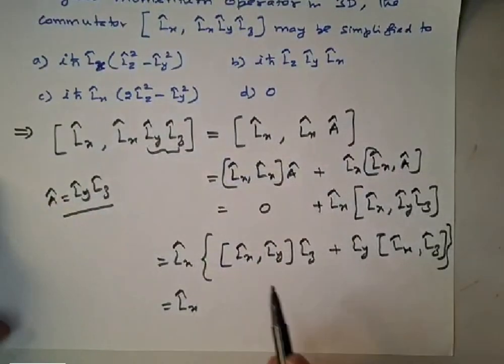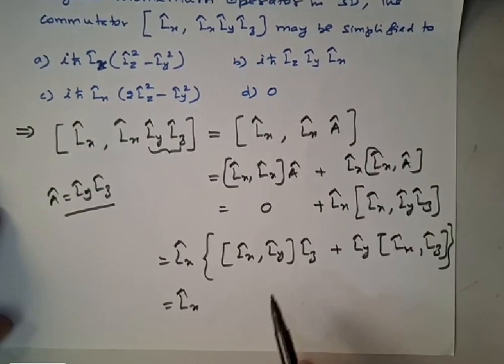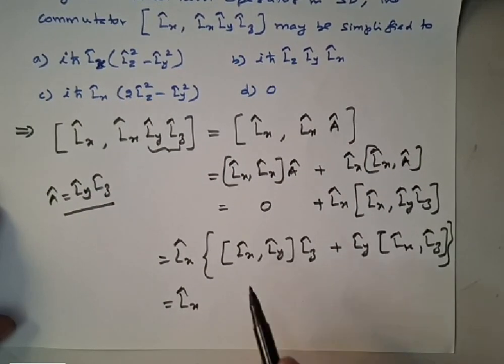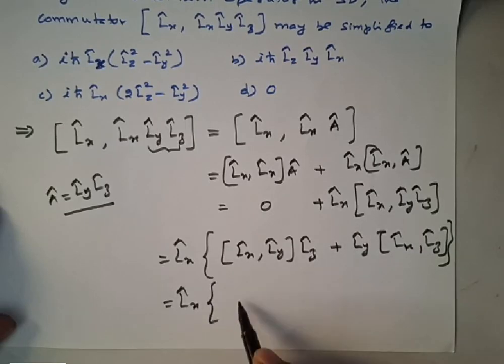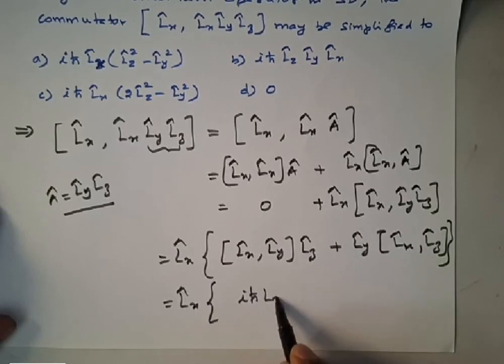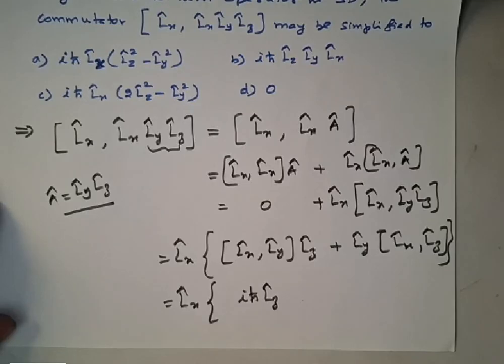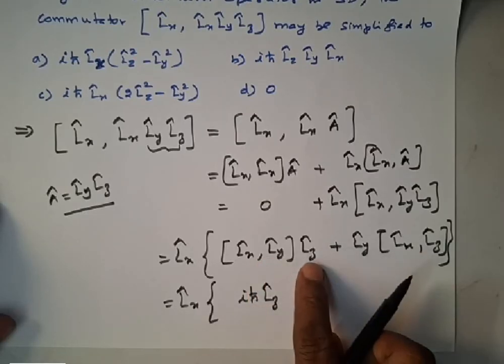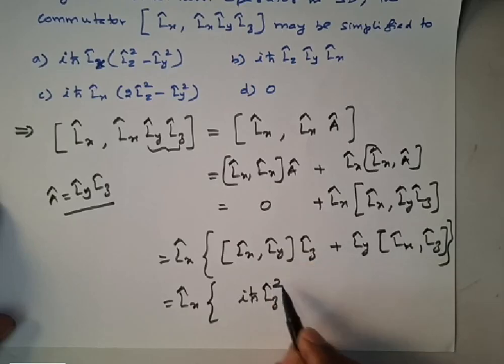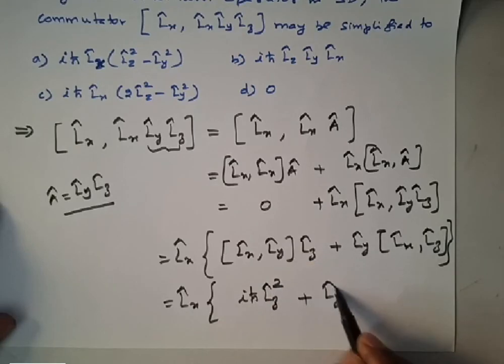Now what is Lx comma Ly? Lx comma Ly is nothing but iħ into Lz. You know very well. Lx comma Ly is iħ into Lz, and I have another Lz here. So Lz into Lz is Lz square plus Ly into Lx comma Lz.